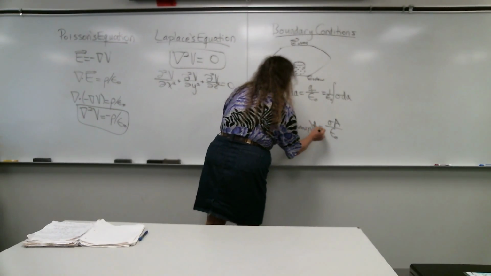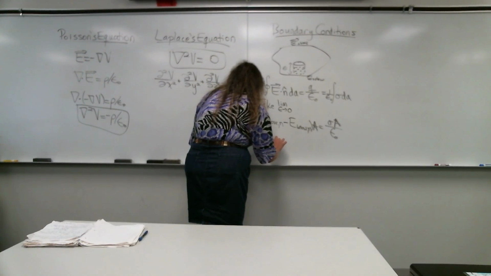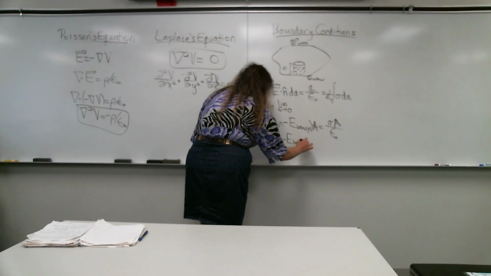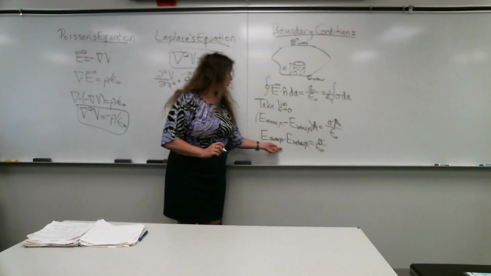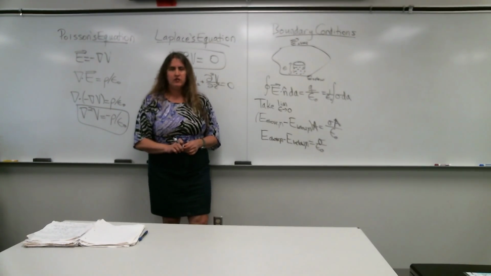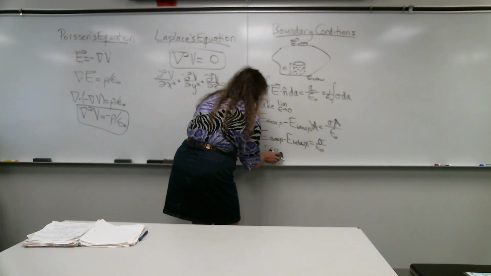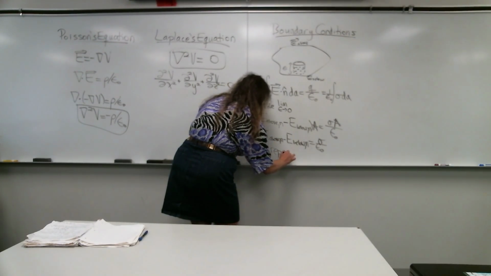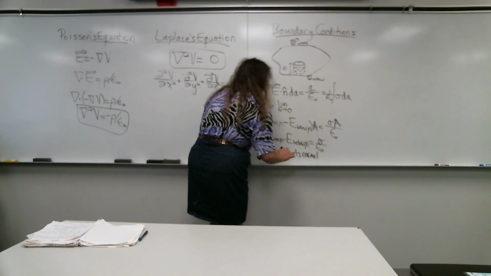The areas cancel out, leaving me with the normal component above minus the normal component below equals sigma over epsilon naught. And N here represents the normal.